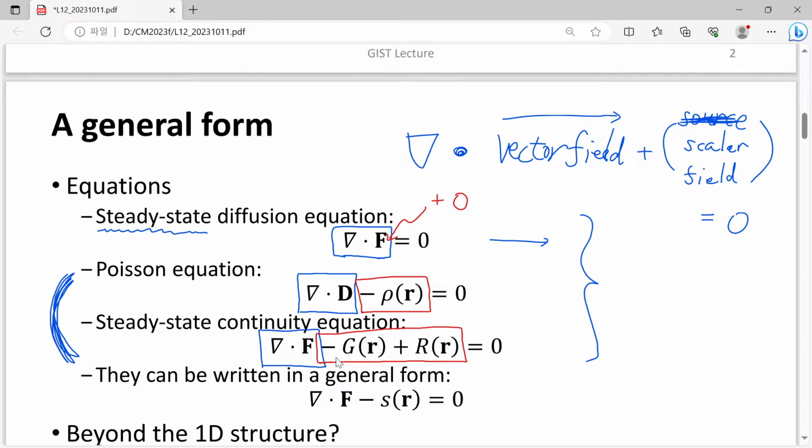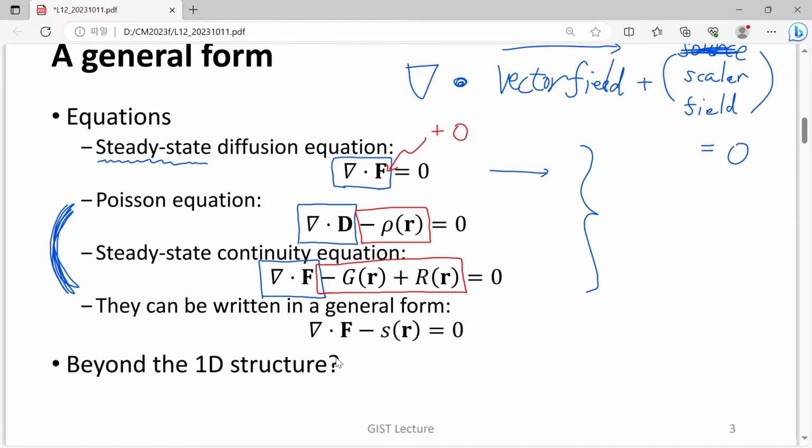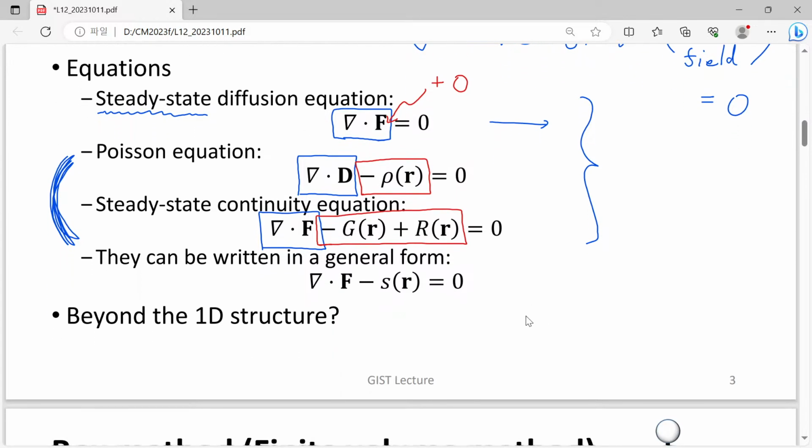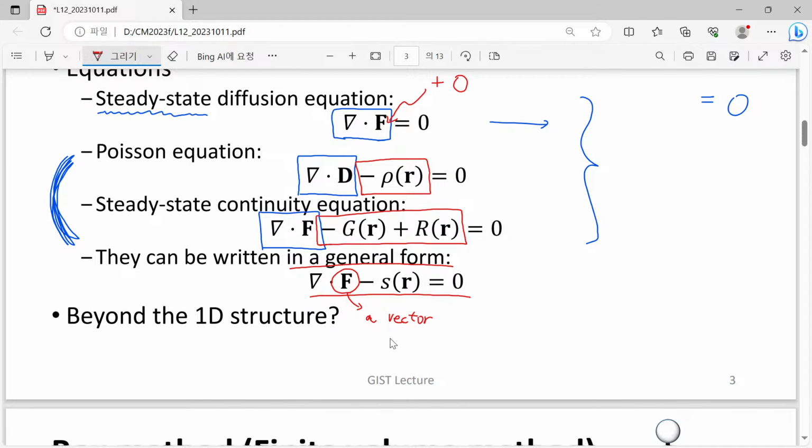So simply speaking, all of these equations can be written in a common, general form like this. This is once again a vector field, and this one is a scalar field.